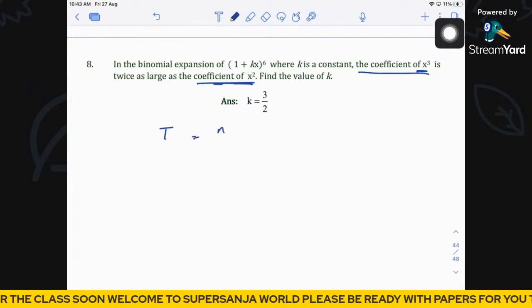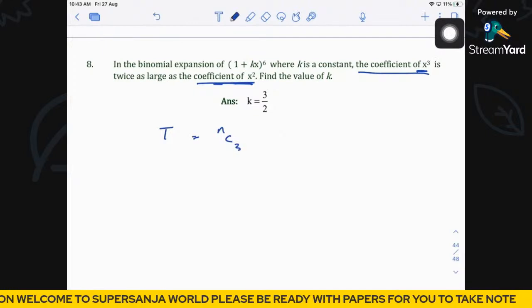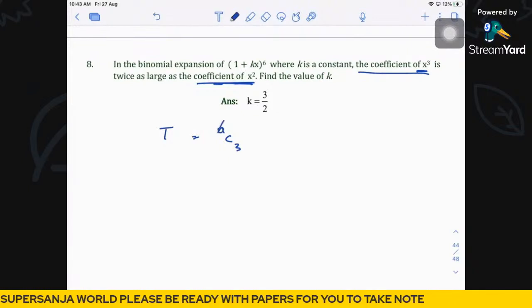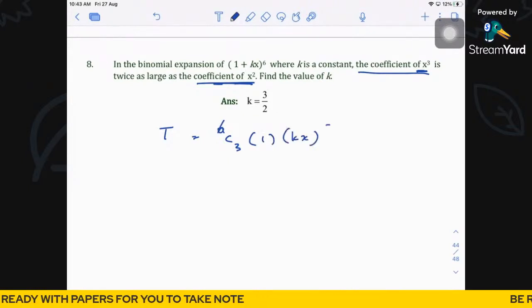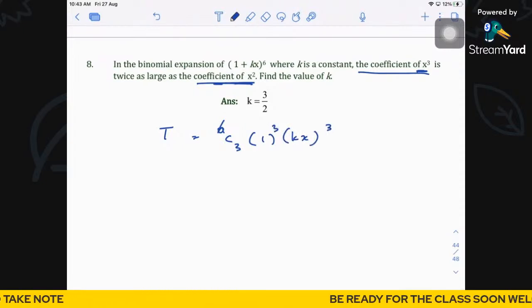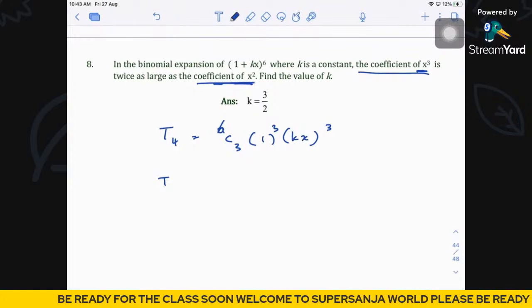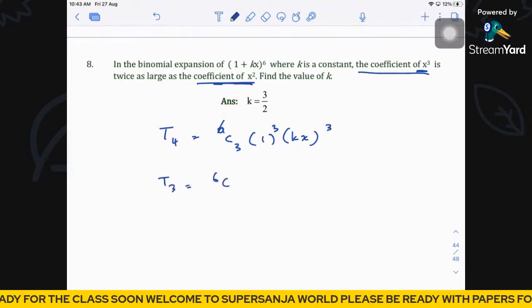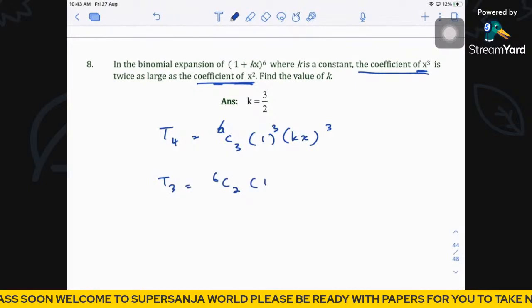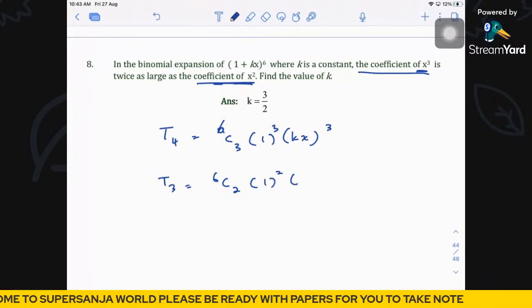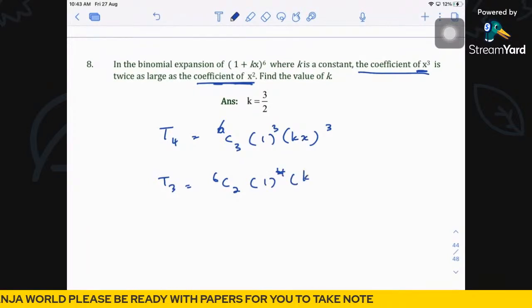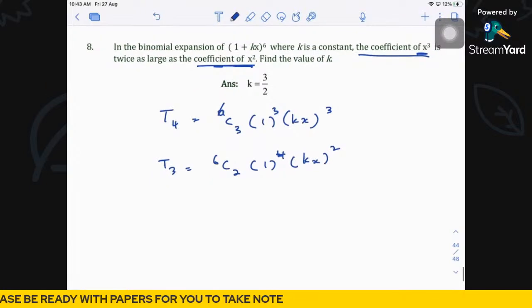So this is going to be nCr, where r is 3, n is 6, a is 1, and (kx) power of 3, going to be power of 3 as well. That is going to be the fourth term. And the third term over here, sorry, mistake, the third term is going to be 6C2, 1 power of 4, and (kx) power of 2.